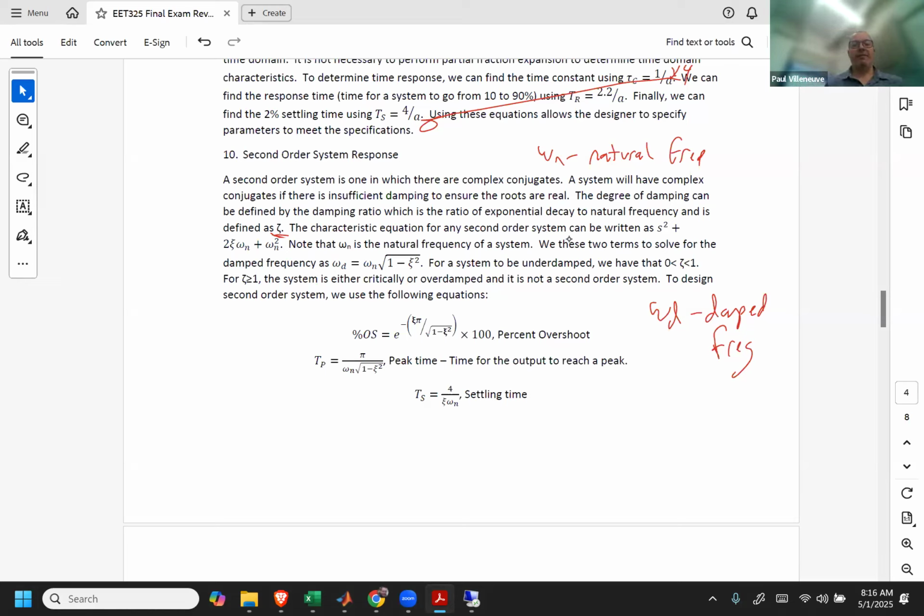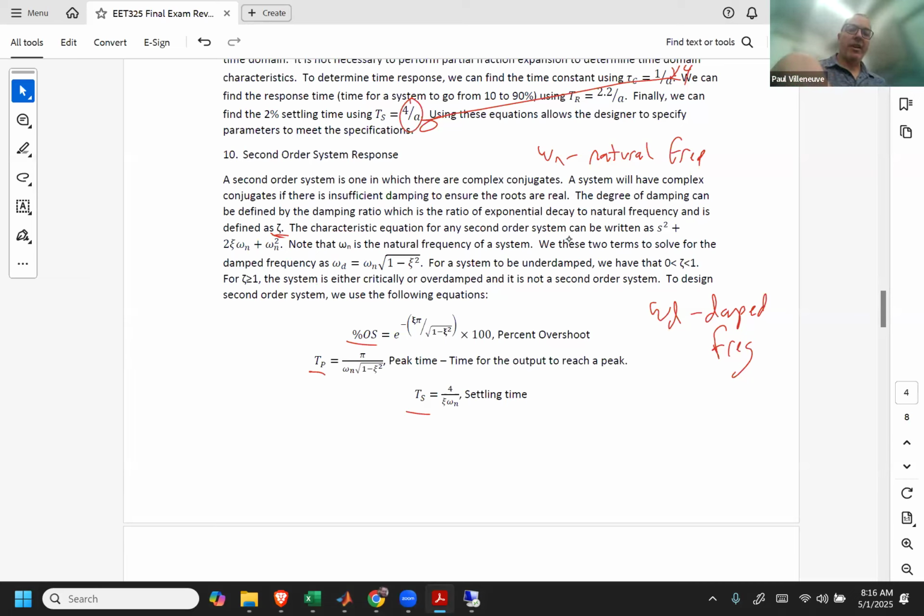complex conjugate pairs. So we wrote things generically as s squared plus 2 zeta omega sub n s plus omega sub n squared. And when we did that, we could calculate the percent overshoot, how much it's going to overshoot its steady state value, how long it takes to reach its peak value, and how long it's going to take to settle down.